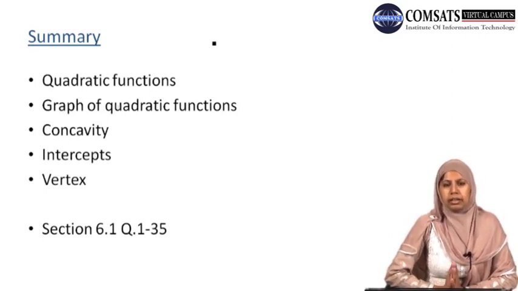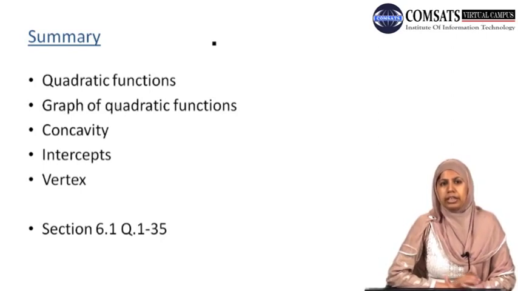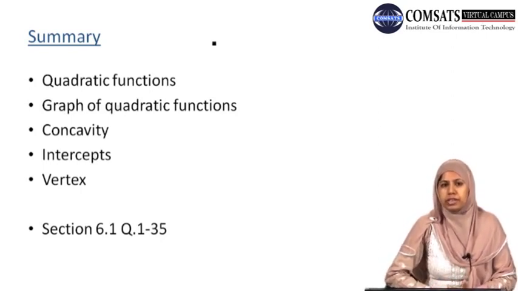Okay, in both the methods, either the factorization or the quadratic formula method, there are three possibilities of the x-intercepts. That we find two x-intercepts which are both real and distinct, that is different from each other, or we find one x-intercept, a real value, or we find no intercept.